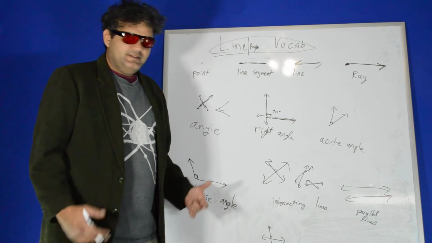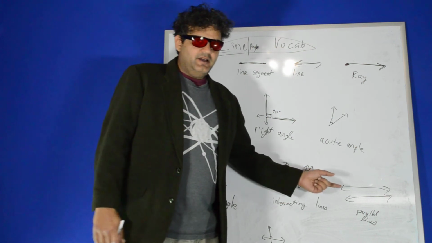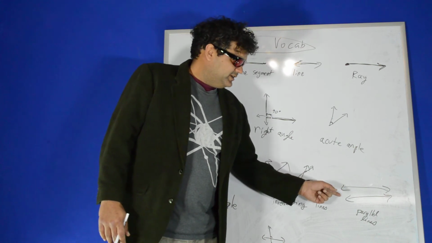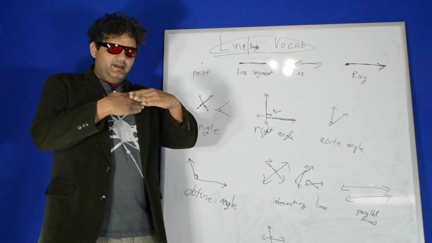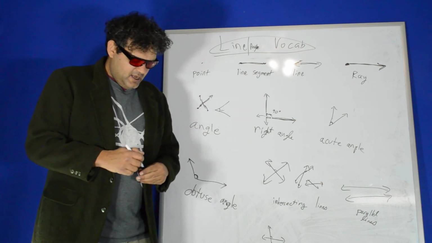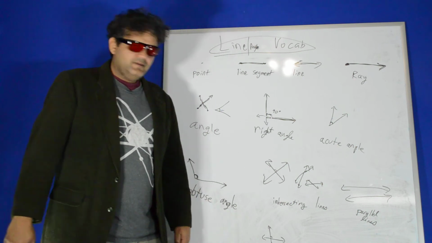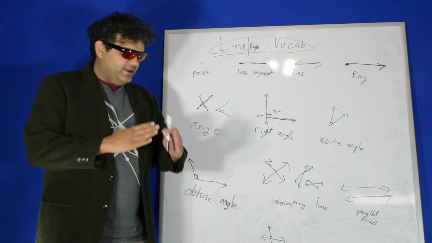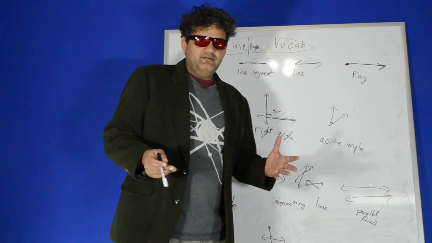That just means lines that cross each other in some way. But parallel lines never cross each other. So that's 2 lines that are just going to go side by side forever. And perpendicular lines intersect at a right angle, folks. That's 90 degrees.